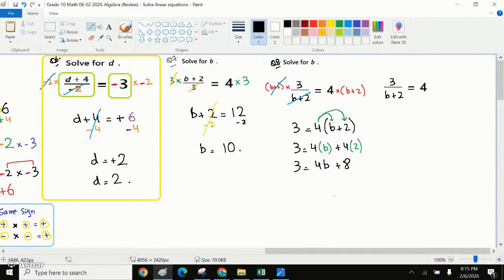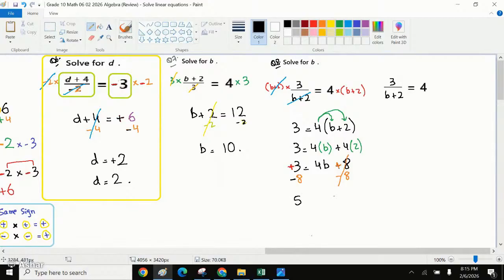Can we move 8 to the other side? Since 8 is positive over here, we subtract 8 on either side. 8 is removed. What is plus 3 minus 8? If we have one number as positive and one number as negative, that means we subtract 8 minus 3, which would be 5.